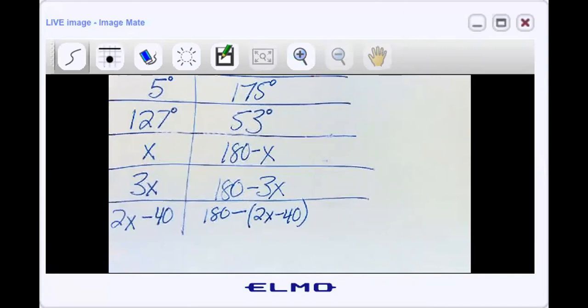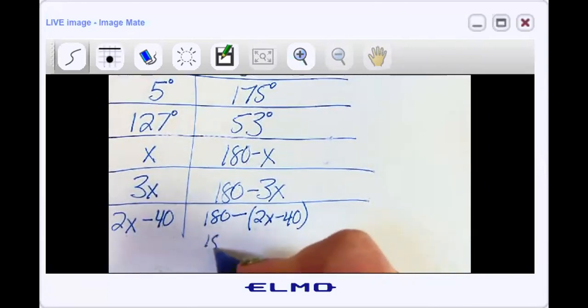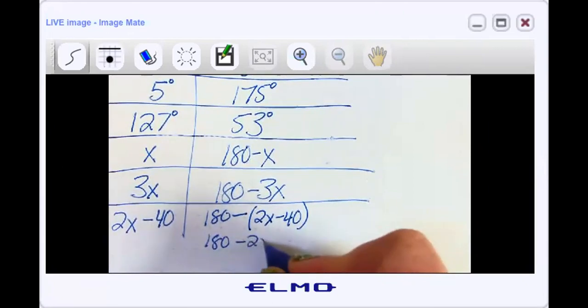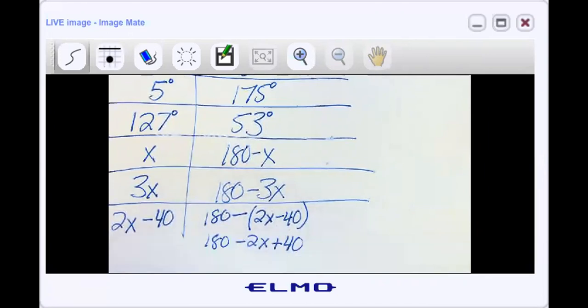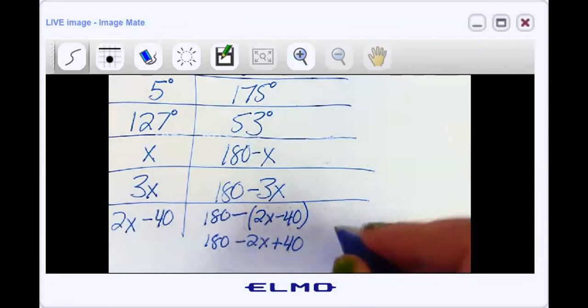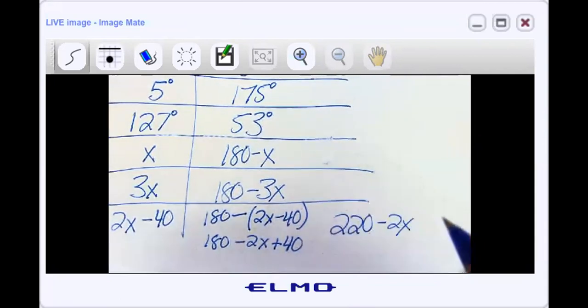And now if you're going to simplify that answer, let's distribute that negative. So you'd get 180 minus 2x, but now it turns into plus 40, right? If you minus a negative, you get plus. So I'm almost done. I have 180 and 40 that I can combine. 180 and 40 together, it's just 220. So I actually get 220 minus 2x.